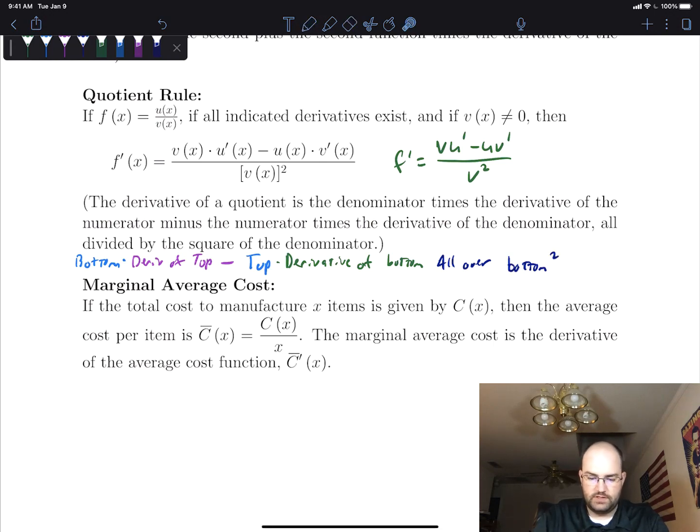There we go. So it's the bottom times the derivative of the top minus the top times the derivative of the bottom all over the bottom squared. Awesome.